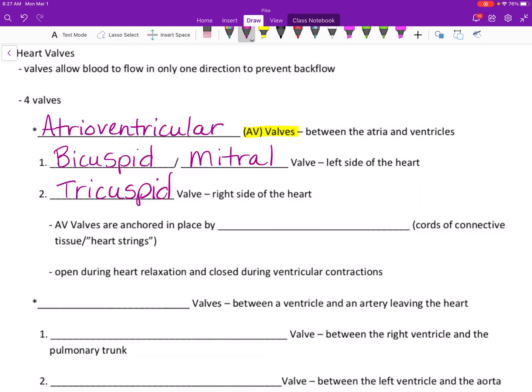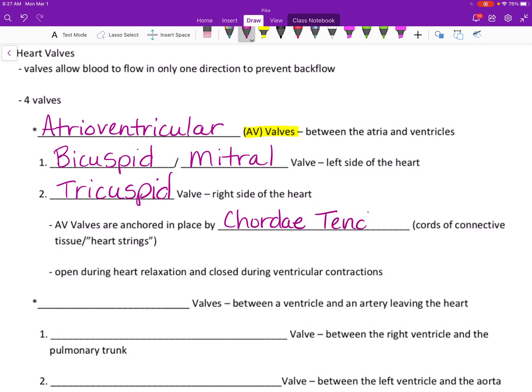Cusp are attachments, these little strings. They're attached by these strings of connective tissue, really strong cords of connective tissue of collagen fibers. And the bicuspid has 2 sets of these cords, and the tricuspid has 3 sets of these cords. So the AV valves are anchored in place, and these cords are actually called chordae tendineae.